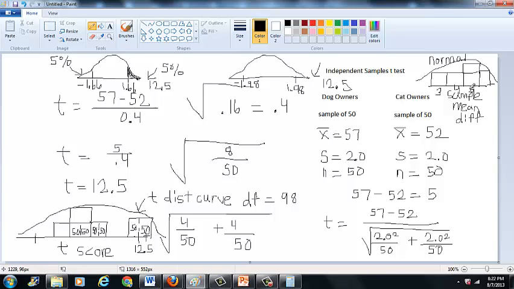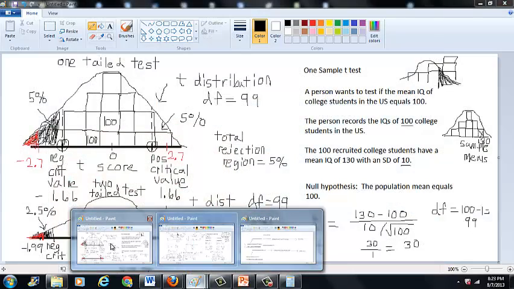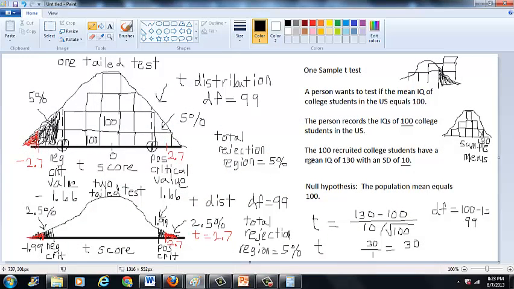The reason that the distribution of sample mean differences is important is because the shape of the sample mean differences determines what the shape of the t-scores will be. And so when you have an independent sample t-test, you're dealing with these two curves, sample mean differences and t-scores. When you have a one sample t-test, you're dealing with these two curves, sample means and t-scores.